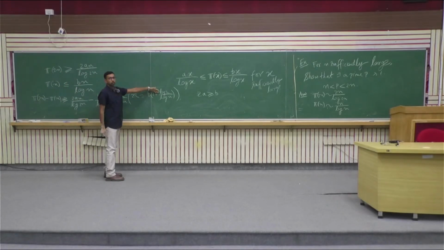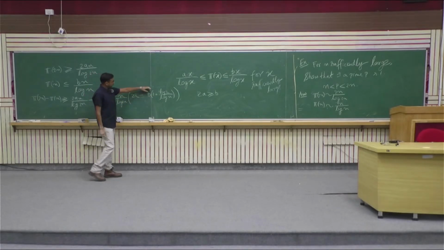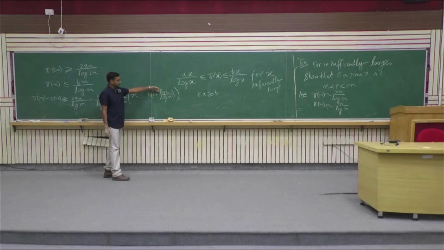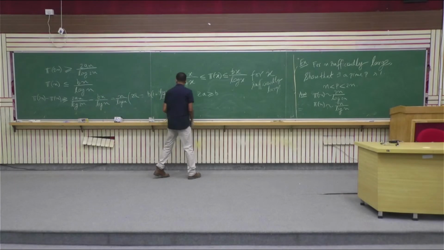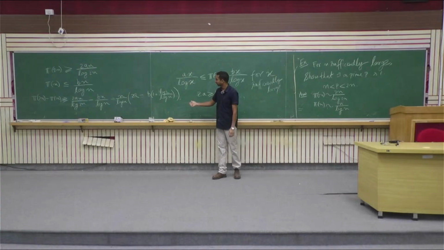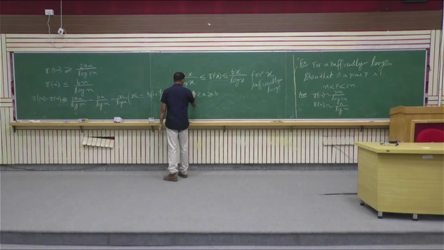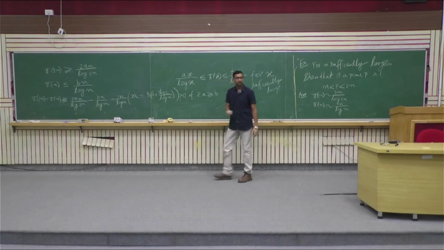It is just log 2n divided by log n, and the numerator is negative, so this is just a little bit smaller than 1. So that means that if 2a is larger than or equal to b, this one should be greater than 0 if this happens, right?